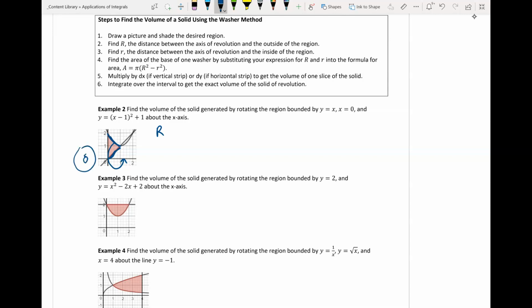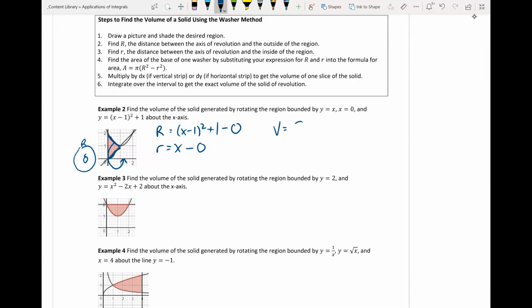So this is your little r, this is your big R. The big R is on the outside, and that equation is (x minus 1) squared plus 1. We are rotating around 0, so minus 0, which is the x-axis. Little r is going to be x minus the axis we're going to revolve around, which is just 0.